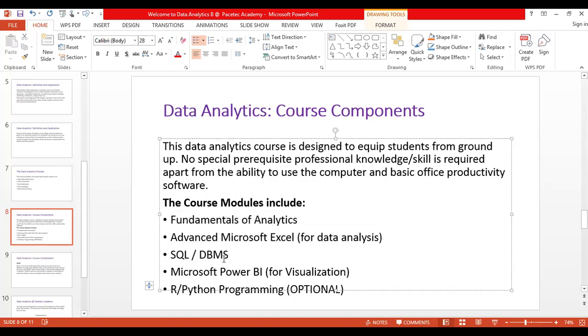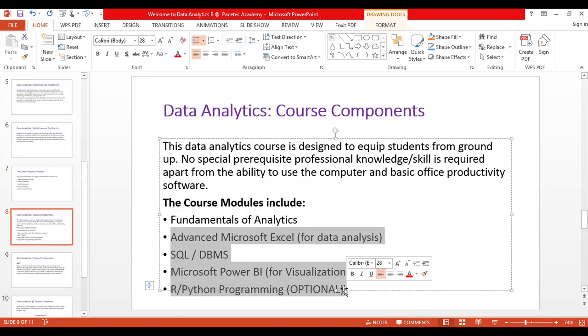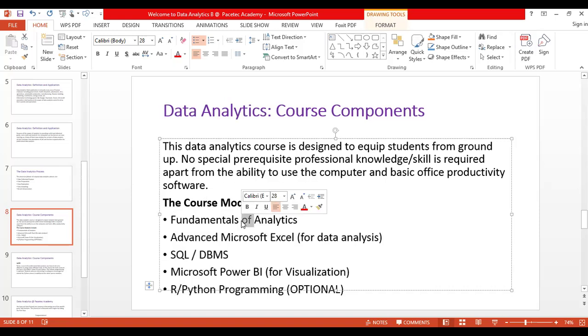So knowing the tools without knowing the principles of analytics itself is just like a doctor that knows how to use the stethoscope, but does not really understand how the human body functions. Doesn't know anything about anatomy, but he just knows how to use the medical tools.